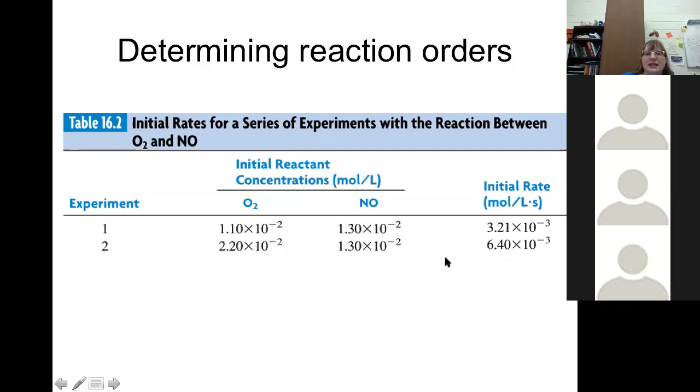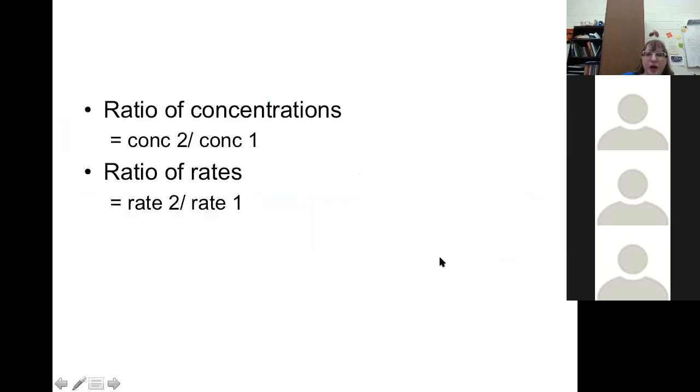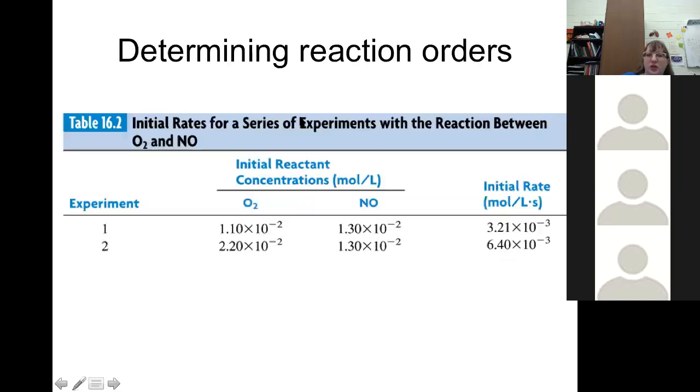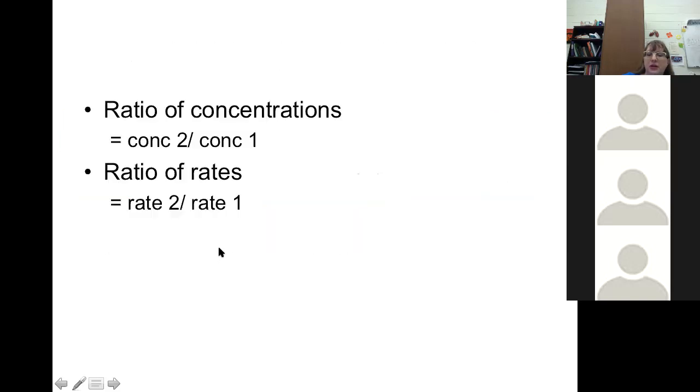So what does that tell us about the order? We're going to look at the ratio of the concentrations. And so if I go back here, the ratio of the concentrations is these two concentrations, and I'm going to put the bigger one on top. So the ratio of the concentrations is concentration 2 over concentration 1, and we said that it doubled, so that ratio is 2. And we look at the ratio of the rates, and we said that doubled, so that rate is 2.